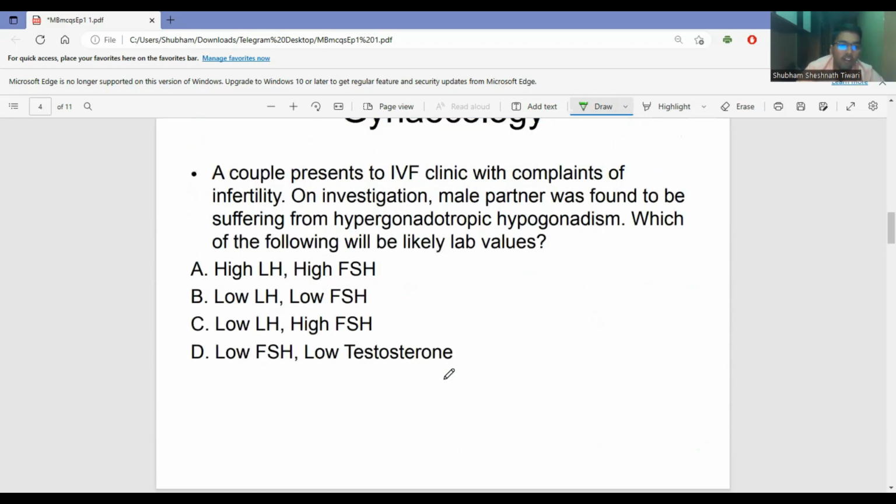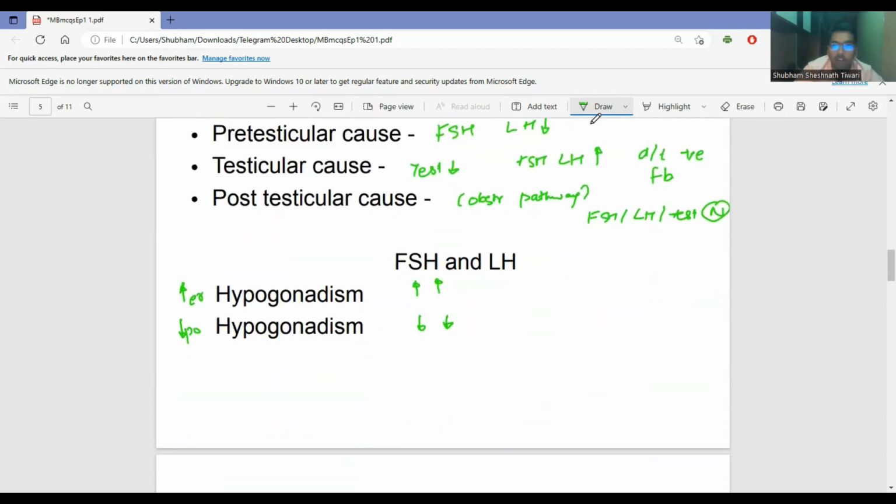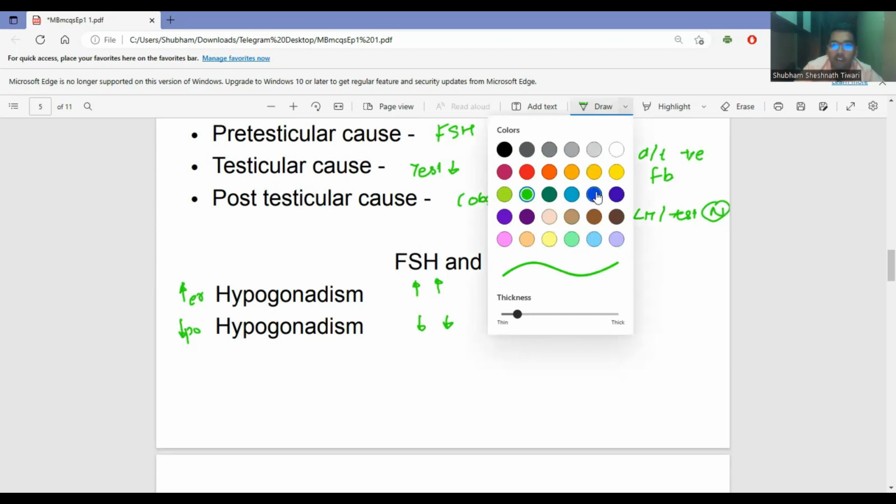So the correct answer in this question should be option B, low LH and low FSH, because they are talking about hypergonadotropic. I'm sorry, it should be hypogonadotropic. So in case of hypogonadotropic hypogonadism, LH and FSH values should decrease. And if they ask you for hypergonadotropic, then option A would be the correct answer. Sorry, that was a mistake on my side. I'm sure you get the concept that I'm discussing.